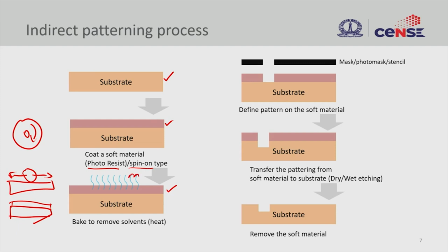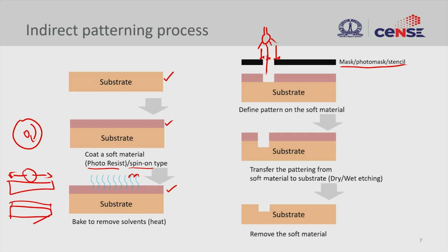Once the material solidifies, we will use a stencil mask or photo mask, you can call it any way you want, put it on top of this material, and then illuminate it with light. So there is a light source on top.